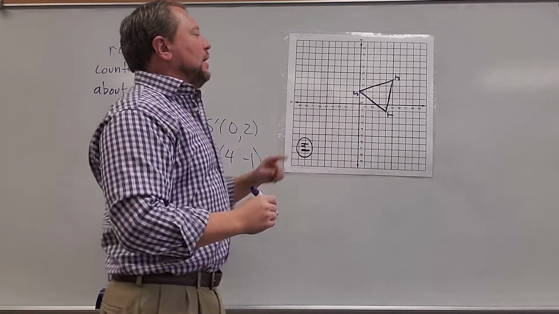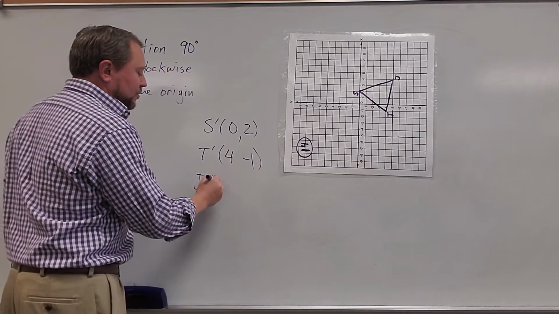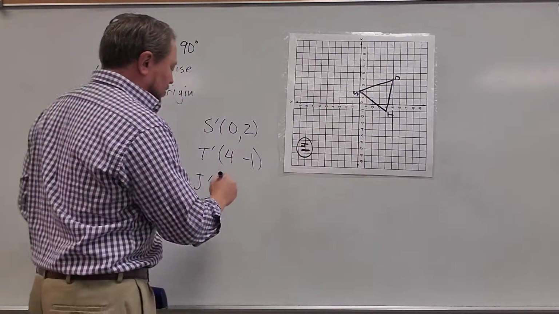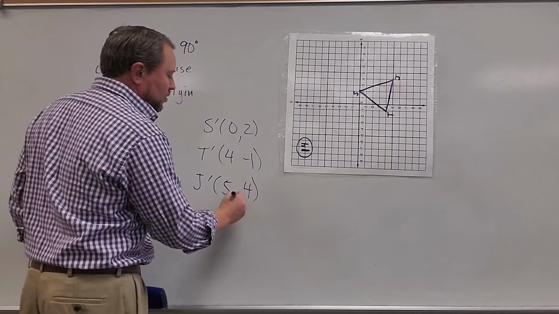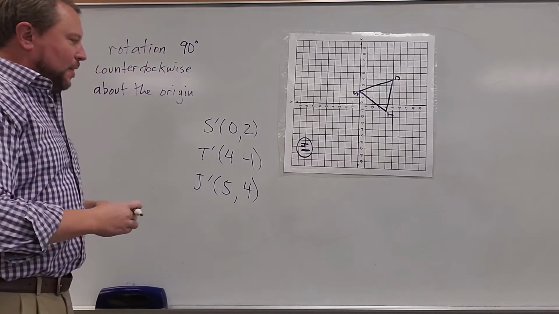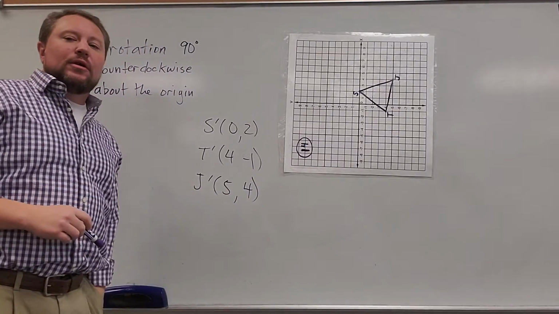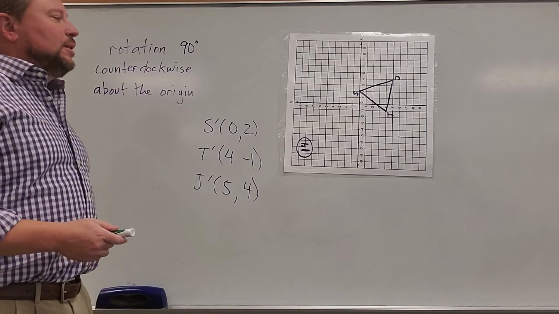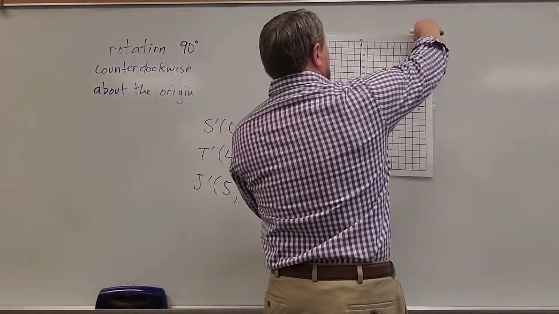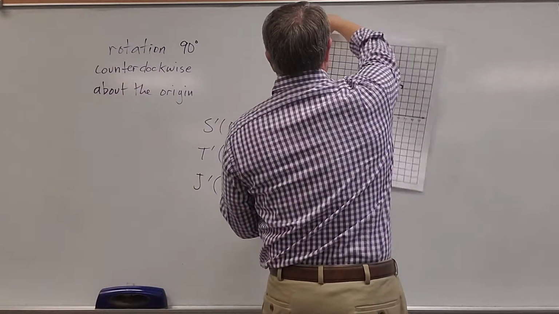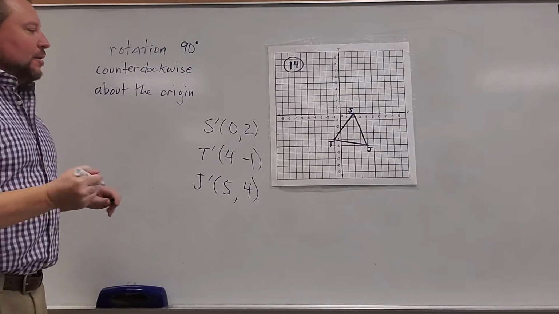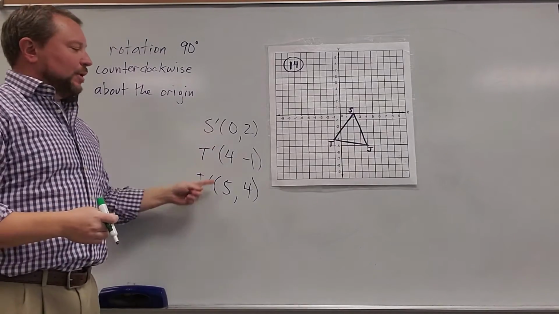And the J prime, the new J, is going to be located here at 5, 4. Okay, so after I've got my coordinates jotted down of where they should now be located, we need to take our paper, rotate it back to its original upright position, and start to plot these points.